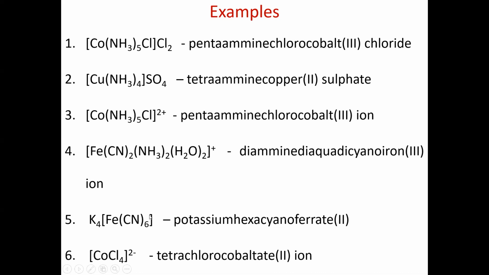So you see, this is an anionic complex. Aside from this being negative, if the only ligand in that complex is anionic, it also becomes an anionic complex. So there are two scenarios where you can have an anionic complex: if the complex is negatively charged, or if all the ligands in that complex are anionic ligands. So that will also give us the change in the name of the metal.